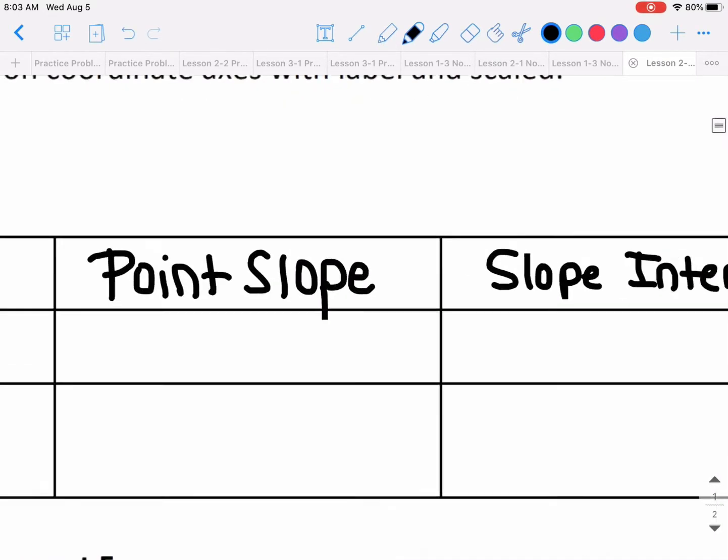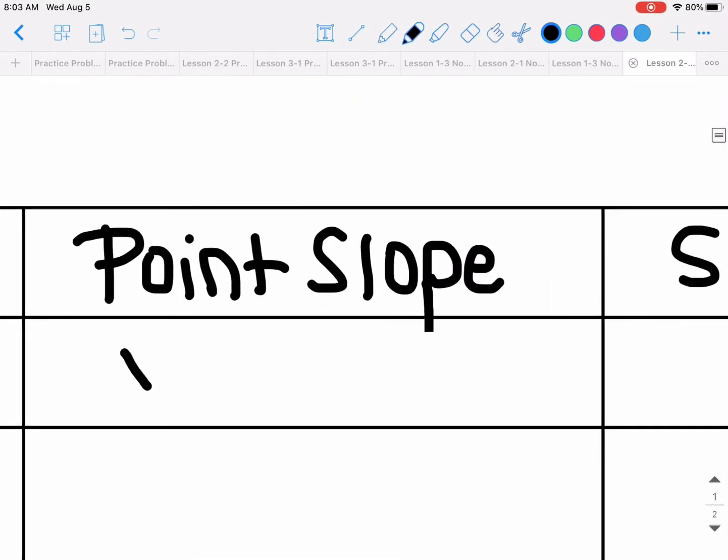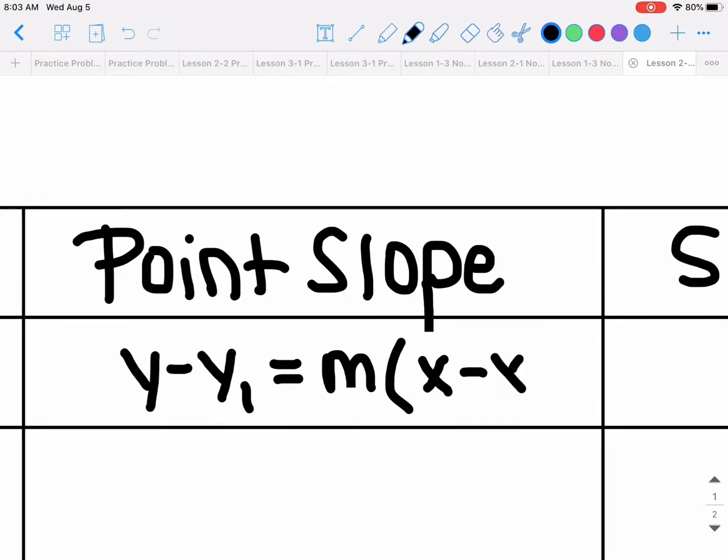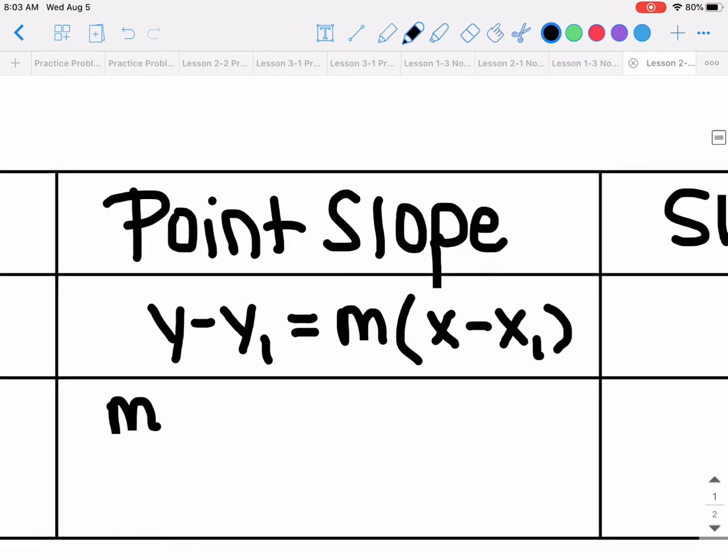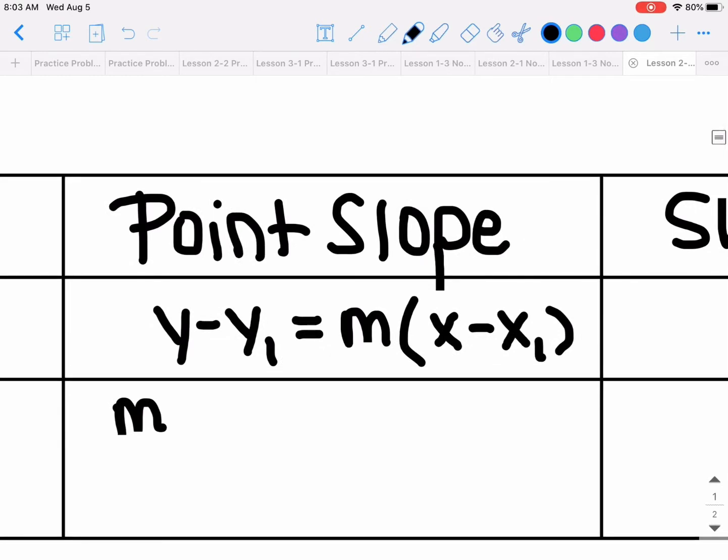All right, for point-slope form, the equation is y minus y sub 1 is equal to m times x minus x sub 1. When we talk about the parameters of this equation, m represents the slope.